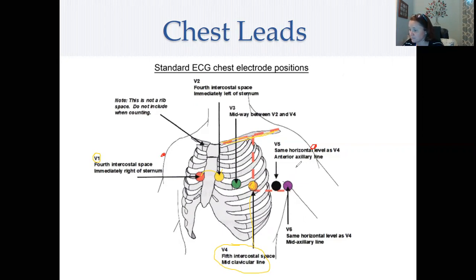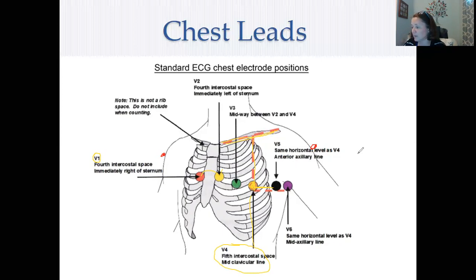Next up, sometimes I go ahead and do V6 before I do V5, but you can go ahead and do V5. It's going to stay on the same horizontal line as V4, that 5th intercostal space, but at the anterior axillary line, like the front of the axilla.